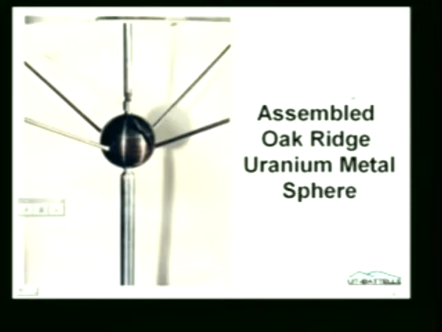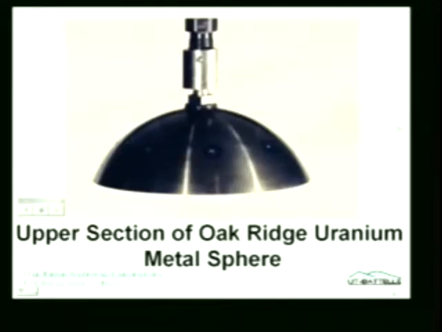The next slide shows you the top assembly, top section. It was mounted on a ball and socket joint, like in your shoulder, so that this thing could flex. That was so that when it came down, it could find the correct position.